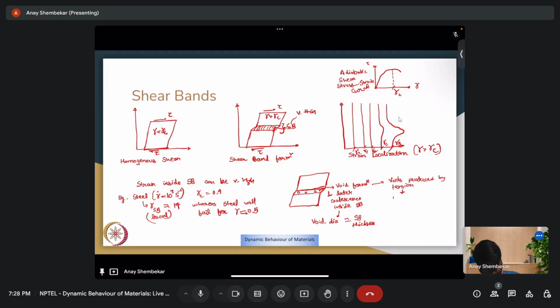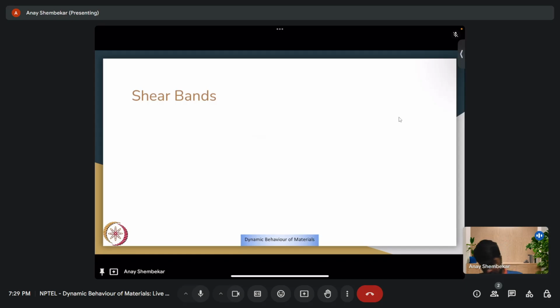Specifically, because the material has weakened significantly, the flow stress inside the shear band is much smaller than its surroundings, which in turn makes void formation easier. So with this in mind, we'll move ahead with a constitutive model.